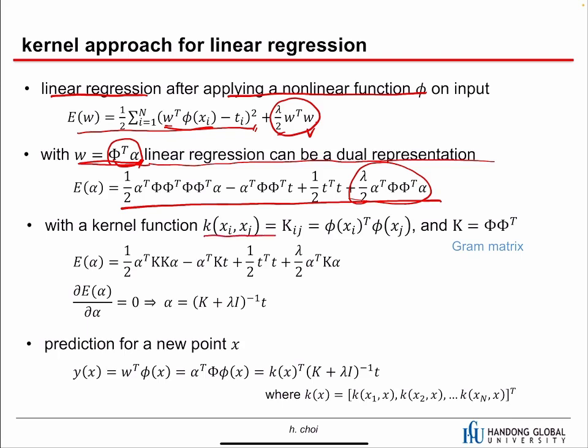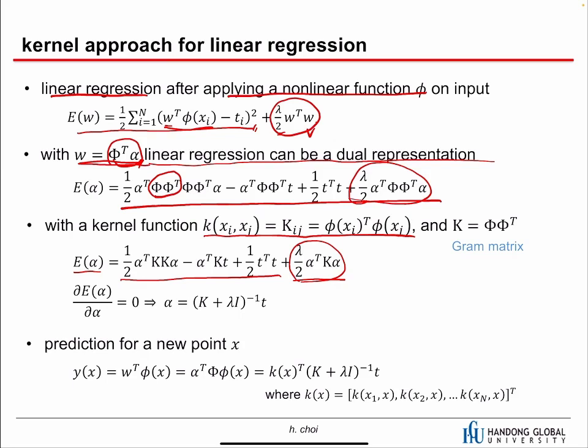So with these kernel functions, this inner product can be replaced by this kernel. So our objective function can be rewritten with this term. Again, this one is the regularization term, so for now, you can just ignore that.